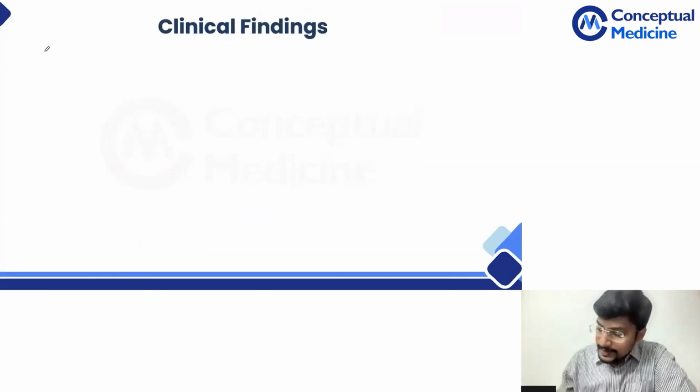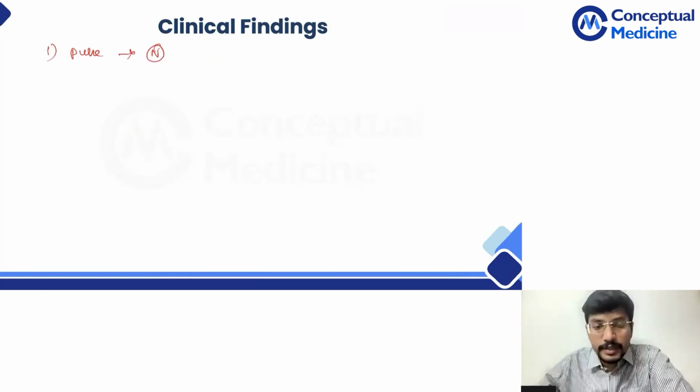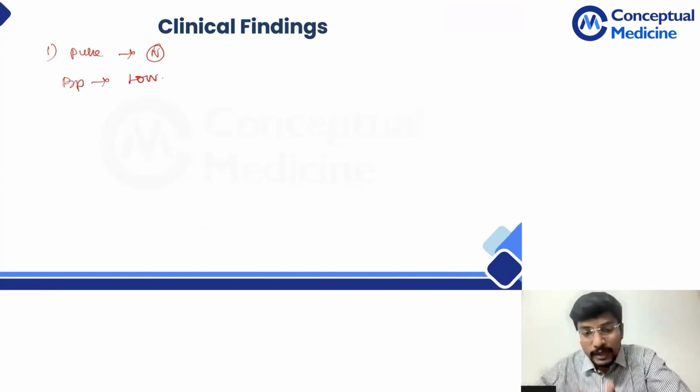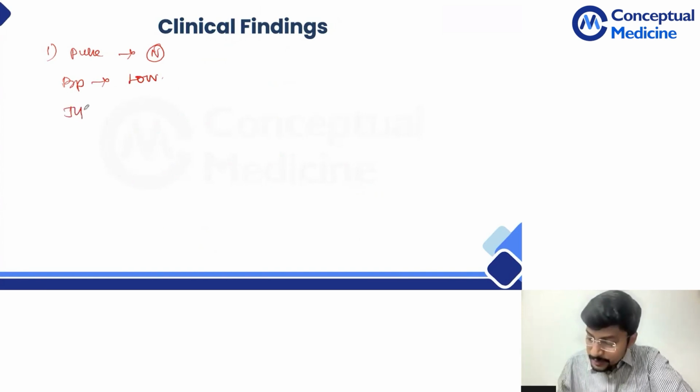So clinical findings, again, you start with pulse. Pulse is usually a normal volume pulse. Sometimes it can be high volume. BP is usually low, borderline BP. JVP is normal, unless the right heart is involved.